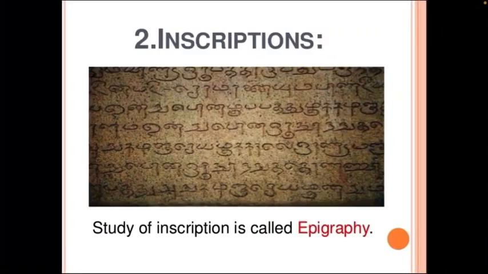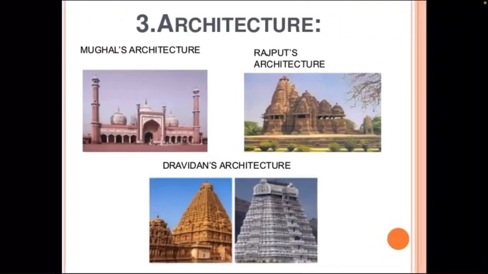The study of inscription is called epigraphy, where the historians try to study the original inscriptions. Then the architecture. It could have been Mughal architecture, Rajput architecture, or Dravidian architecture. These buildings, constructed by those people at that time, tell a lot about the period.